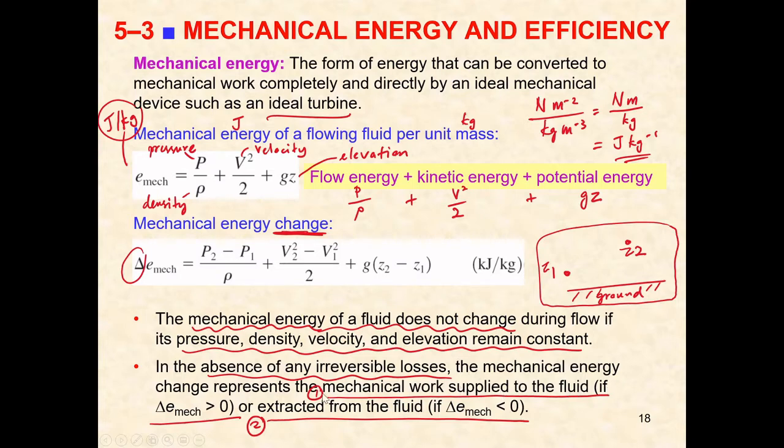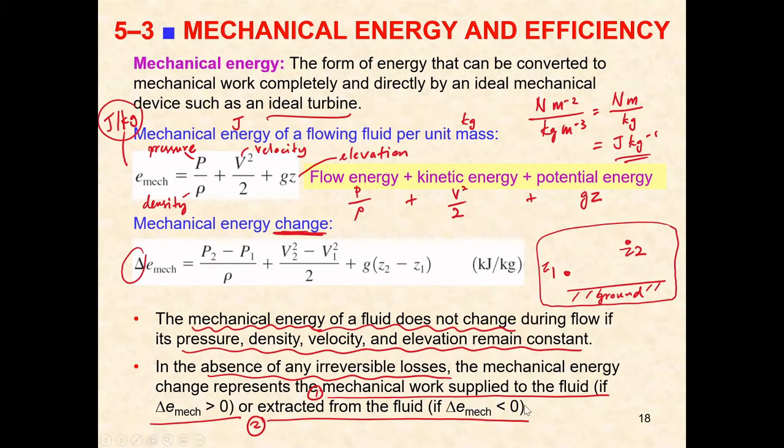So it means that mechanical work is supplied to the fluid if the change of mechanical energy is greater than 0. So how could this happen? This happens when we use a pump. We pump the water from lower elevation to higher elevation, so we provide energy to the system. Alright, so you have a change of positive energy, or extracted from the fluid if the change of mechanical energy is less than 0. How does that happen?